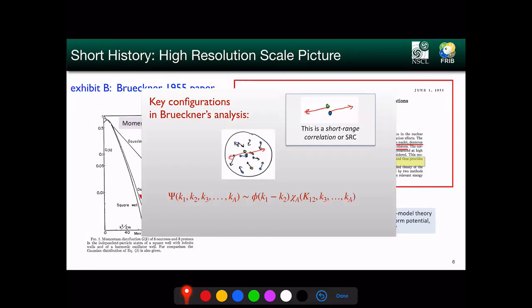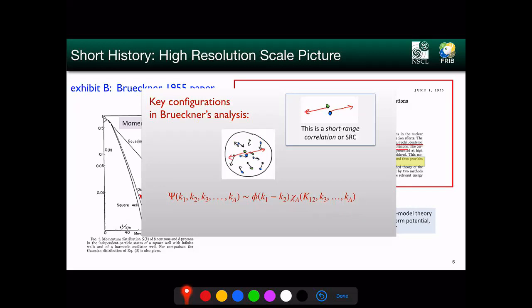A number of blunders here. But the key observation that he made was that the many-body wave function in this limit should approximately factorize. And so you've got a piece which depends on the correlated short-range pair, and then a piece which is relatively soft and low momentum in nature and dominated by mean field physics.